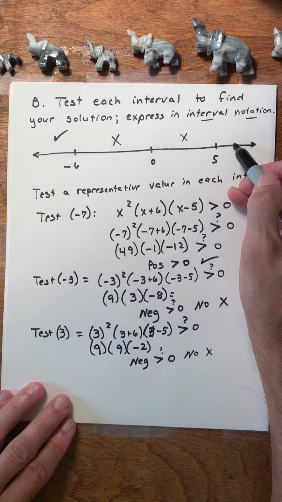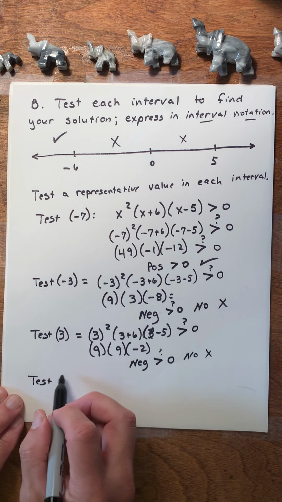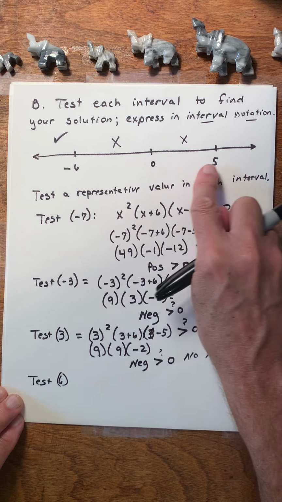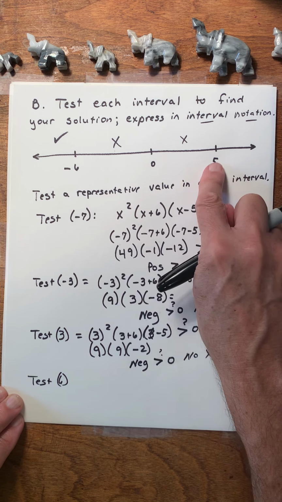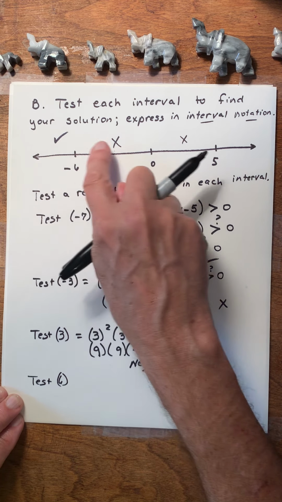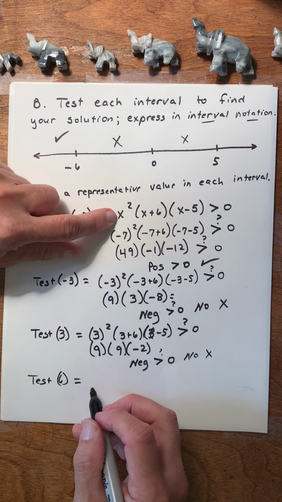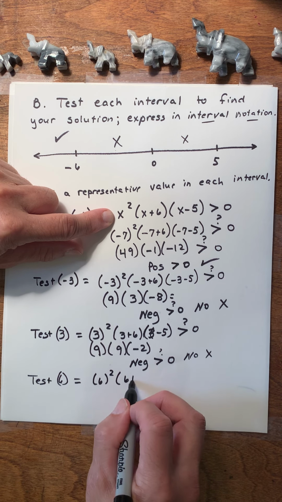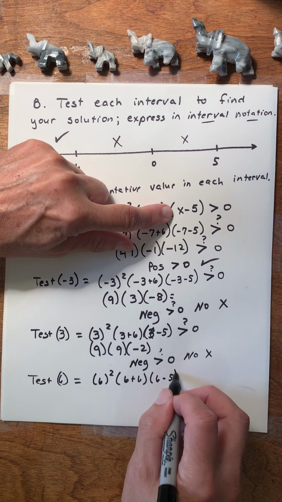All right, let's try one more, like positive 6. And notice I'm not choosing numbers that are interval markers, that are endpoint markers. I do not choose these numbers. I choose something in the section itself. So we're testing 6. 6 squared, 6 plus 6, 6 minus 5.